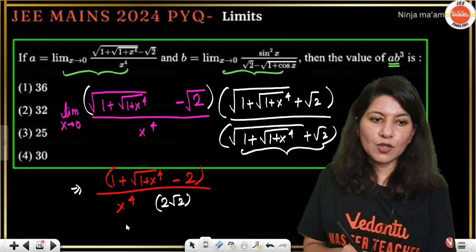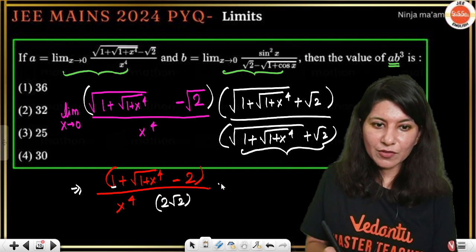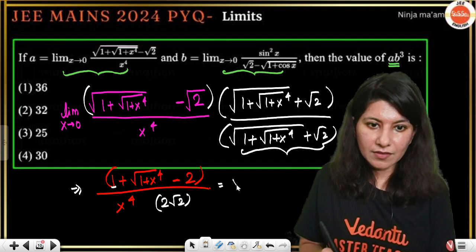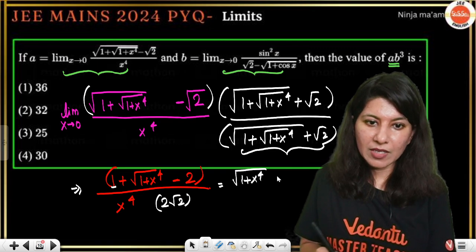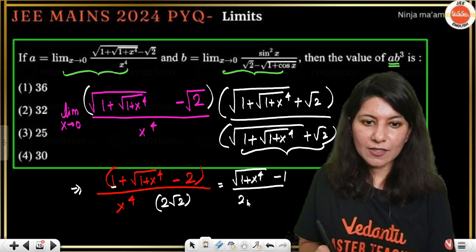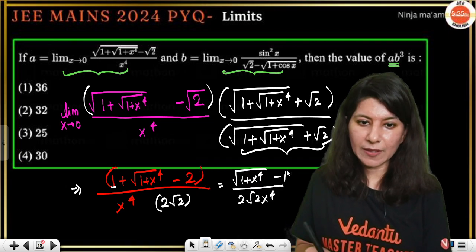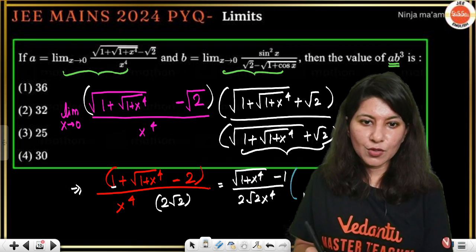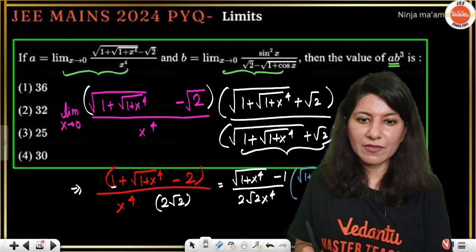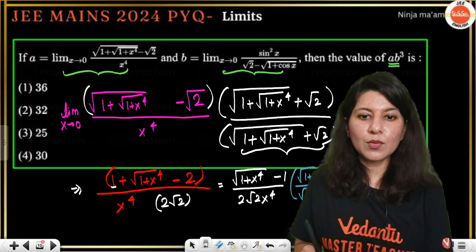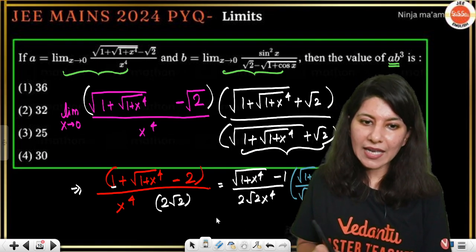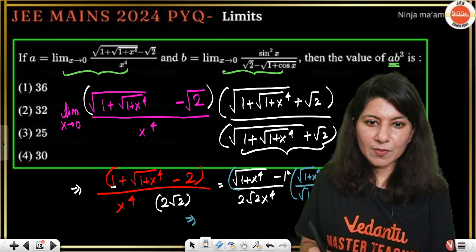Okay. So now 1 and minus 2, if you further manipulate, 1 minus 2 is minus 1. And this is 2 root 2 x raised to power 4. One more time you need to rationalize. Okay. Let's do that. So you need square root of 1 plus x power 4 plus 1, again the same thing, a plus b, a minus b.